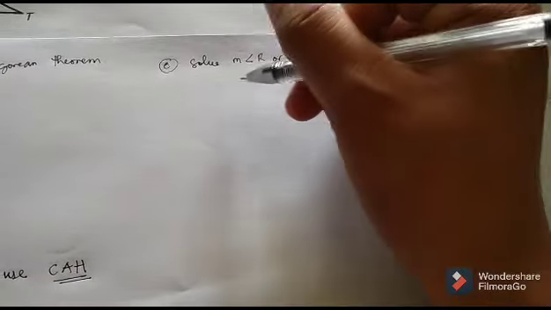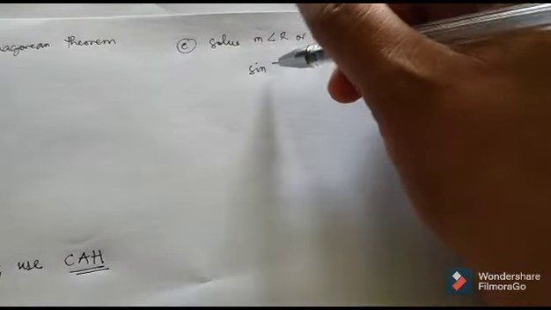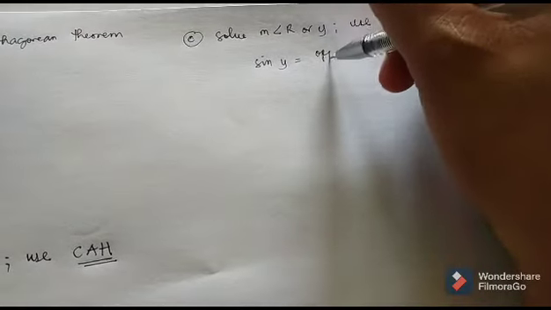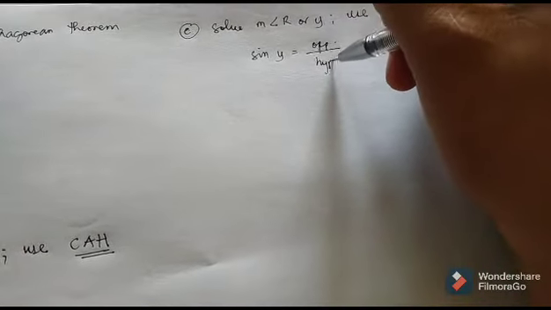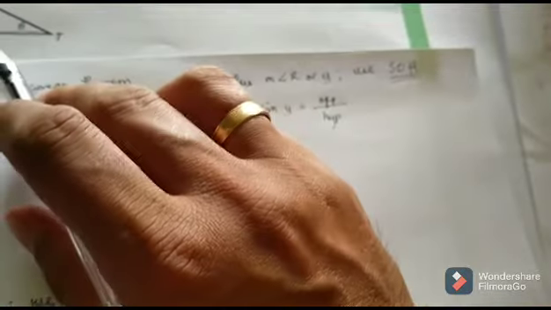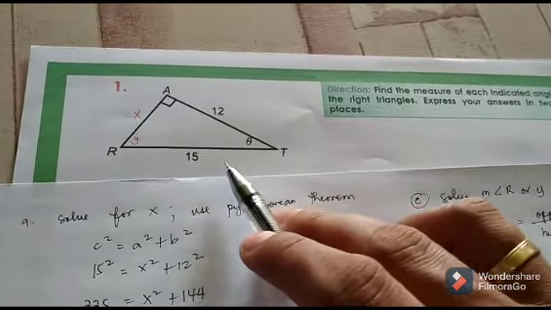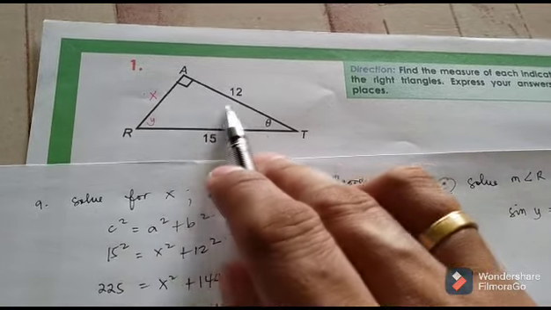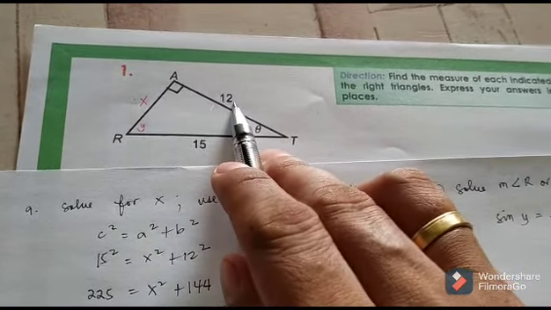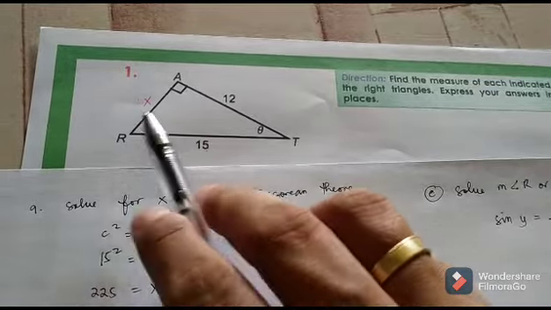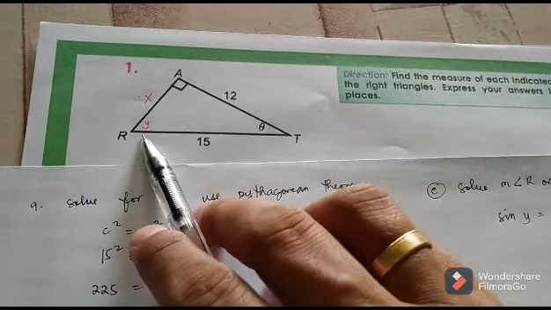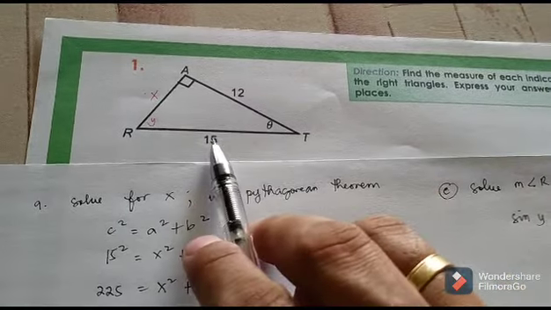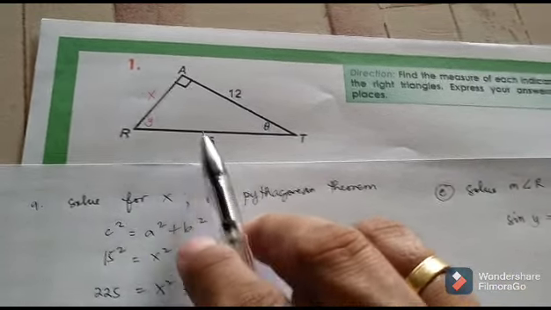Okay, so that means sine y is equal to opposite over hypotenuse. So going back to the figure, we're looking for the measure of angle y. The opposite is 12, and here you have the hypotenuse. So sine y is equal to opposite, which is 12, over 15 as the hypotenuse.